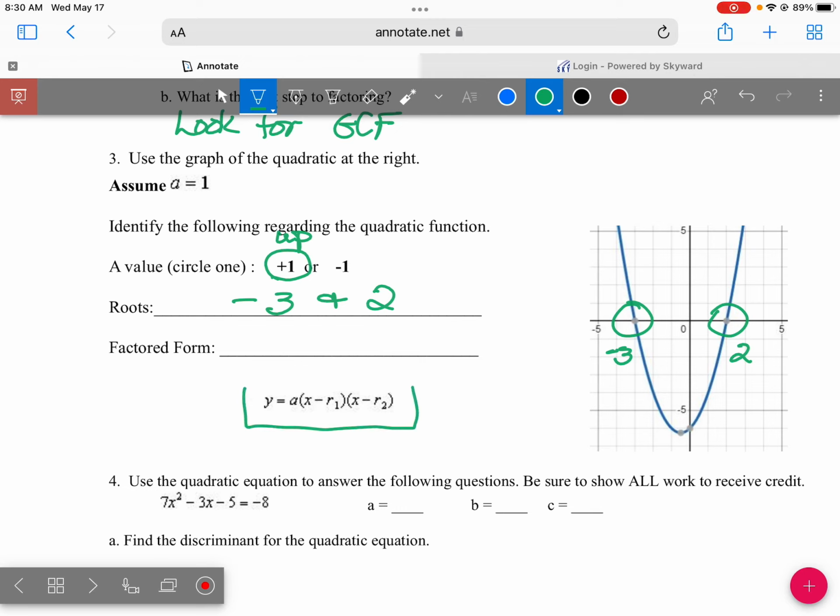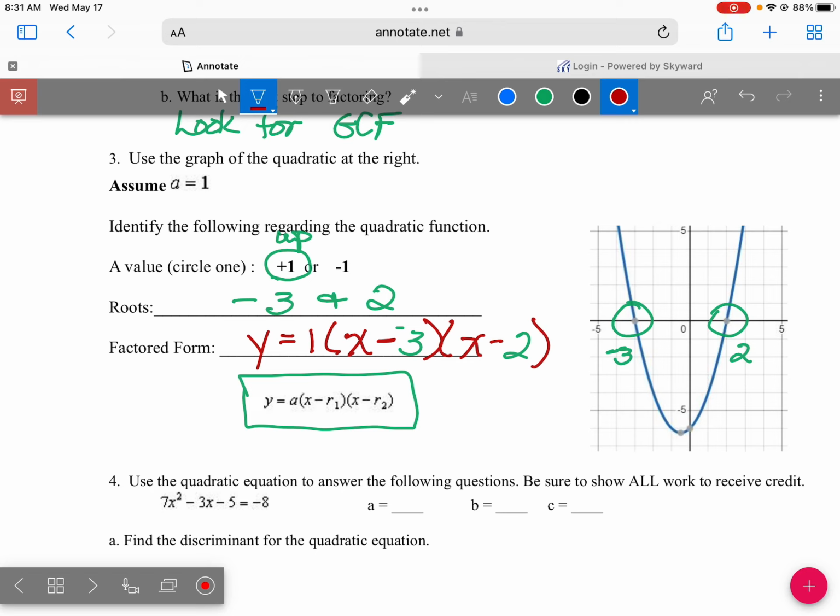Right here is your factored form. Okay? So we start with y equals, what was my a value? What did we say it was? 1. So that goes out front. Times parenthesis x minus my first root. What's my first root? -3 times x minus my second root, which is 2.